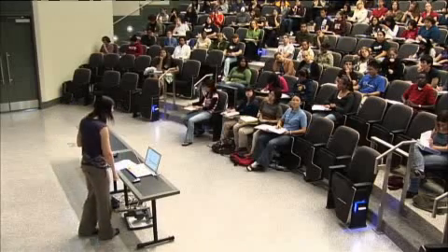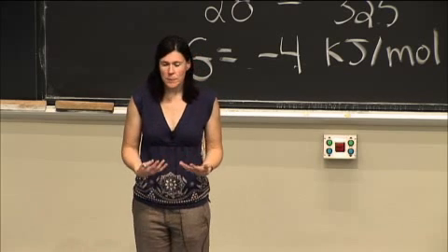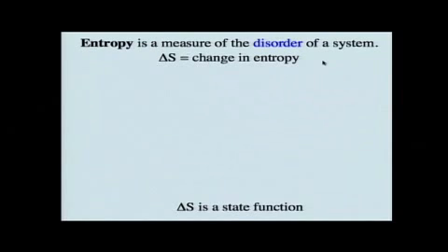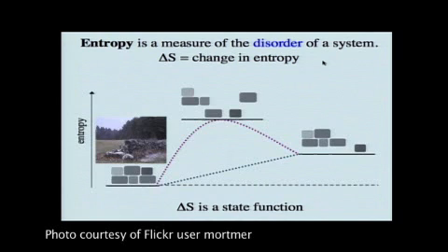So just like we saw for enthalpy, entropy also is a state function. So it doesn't matter in terms of path how we got from point A to point B. All we need to worry about is the current state of our system, what the current entropy is, and take the difference. An example that I like to use for thinking about disorder, which is especially relevant in New England, is a stone wall.